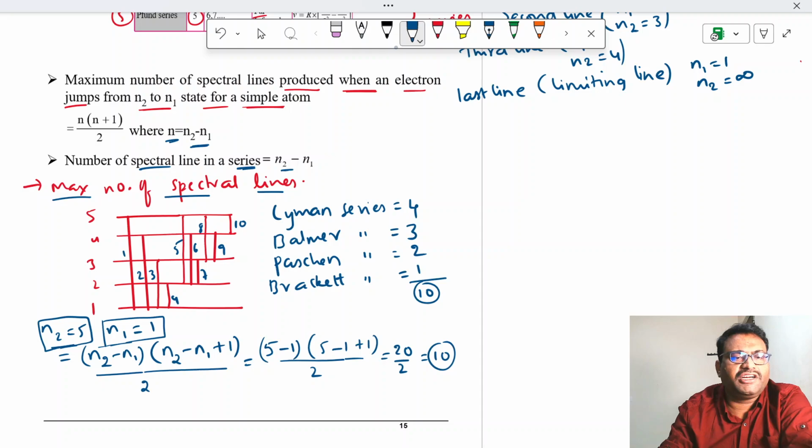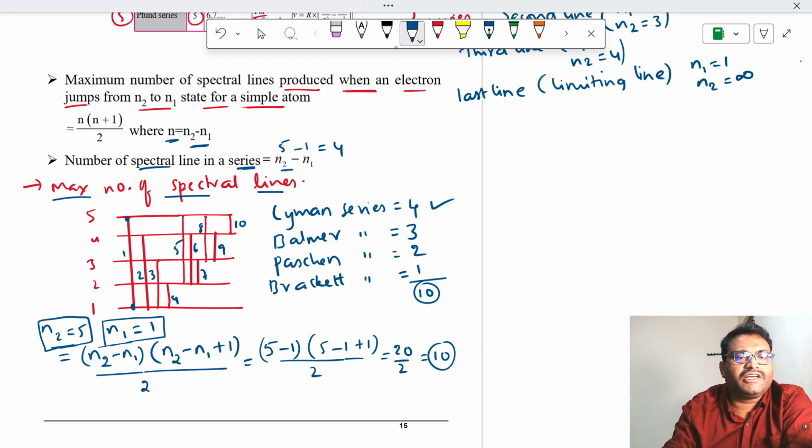For example, in the Lyman series n2 is 5, n1 is 1, so n2 minus n1 is 5 minus 1, that is 4. So 4 spectral lines are there.